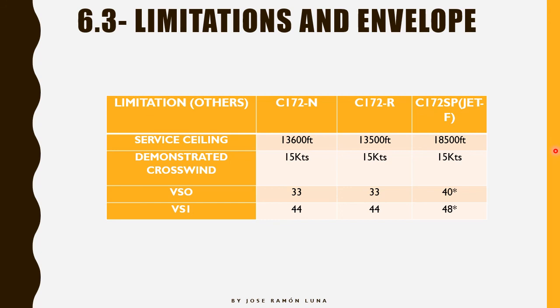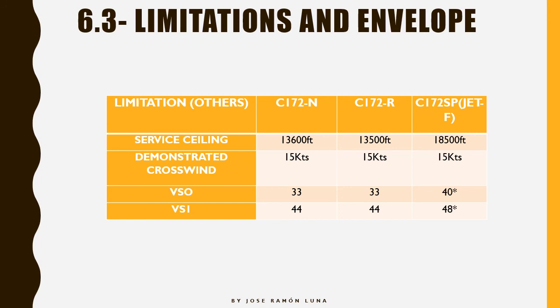The VSO, stall speed in landing configuration, is 33 knots for the Cessna 172 November and the Cessna 172 Romeo, and it's going to be a lot higher in the Cessna 172 SP because of the engine mount and the weight, about 40 knots. The VS1, of course, depends on the engine.